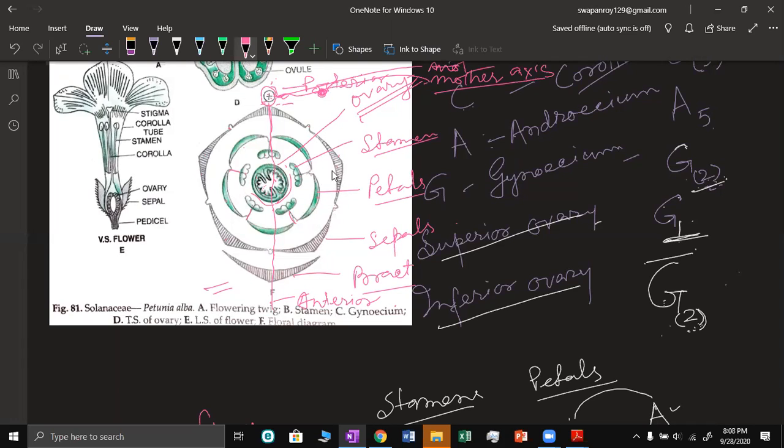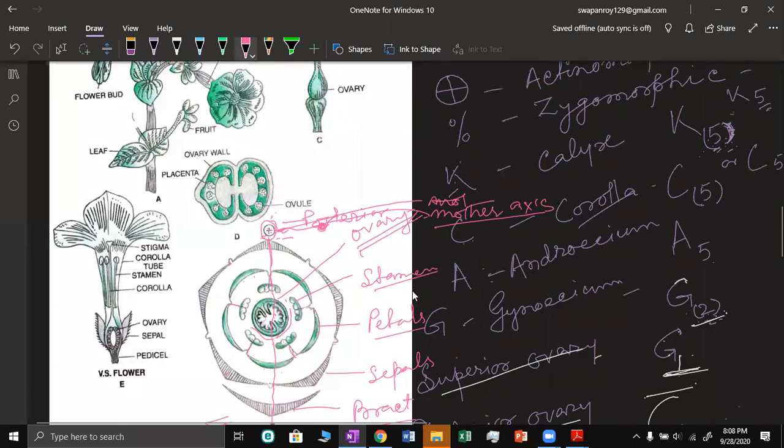Petals are 5, uniform in their size, gamopetalous, and valvate aestivation. Then androecium, stamens 5, and they are epipetalous. Gynoecium, 2 carpels, 2 chambers, the ovary obliquely placed, and axile placentation.